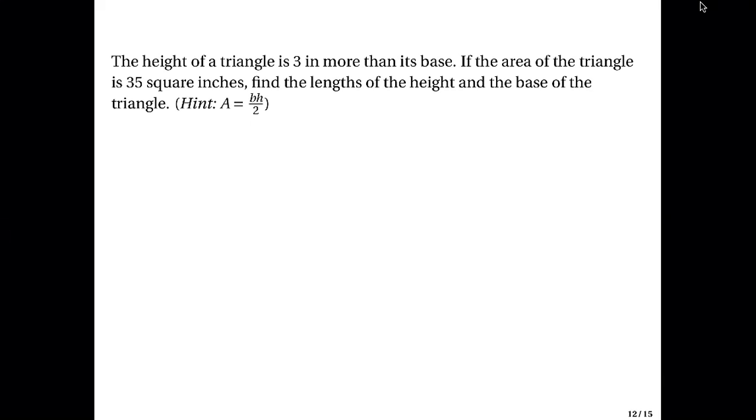If the area of the triangle is 35 square inches, find the lengths of the height and the base of the triangle. So here, let's introduce our variables. Let h be the height and b be the base of the triangle.